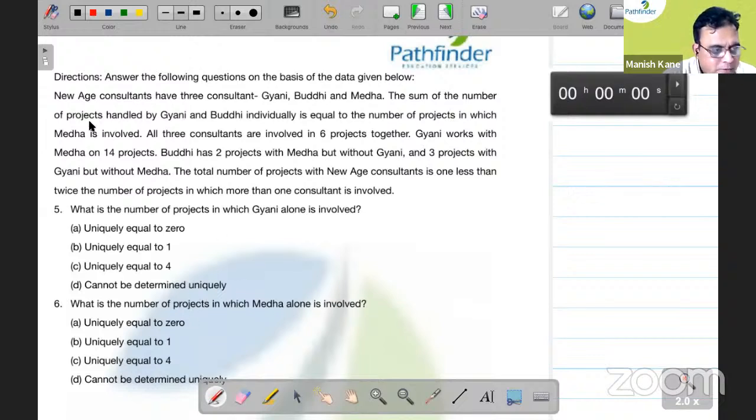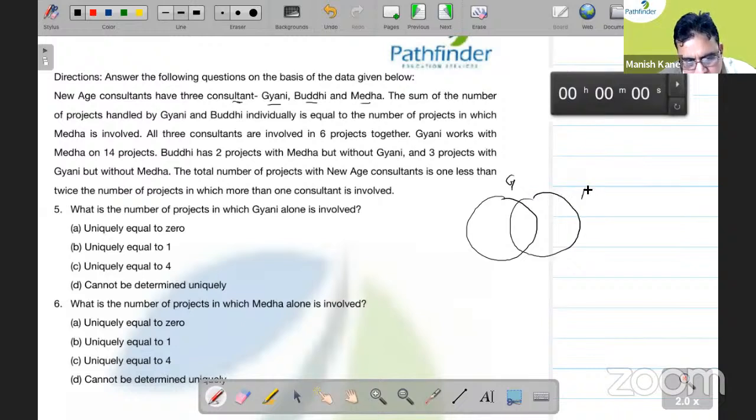Okay, let's see, Prathamesh. New age consultants have three consultants: Jnani, Buddhi, and Medha. So once again, there are three. You have Jnani, you have Buddhi, and you have Medha.